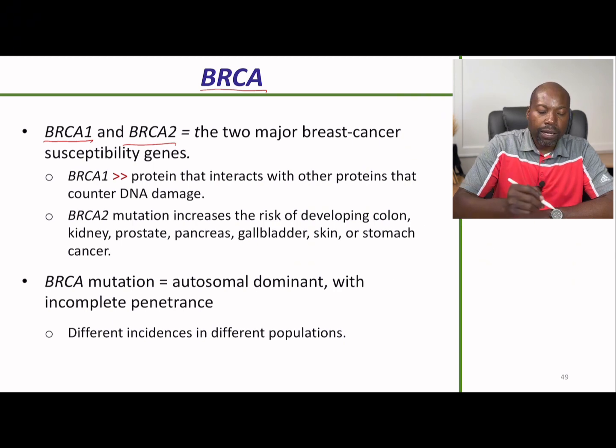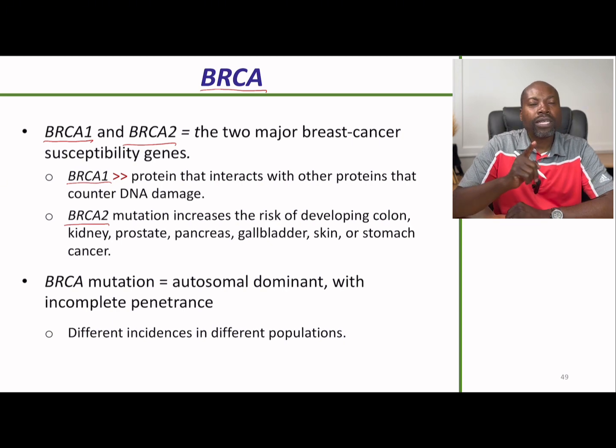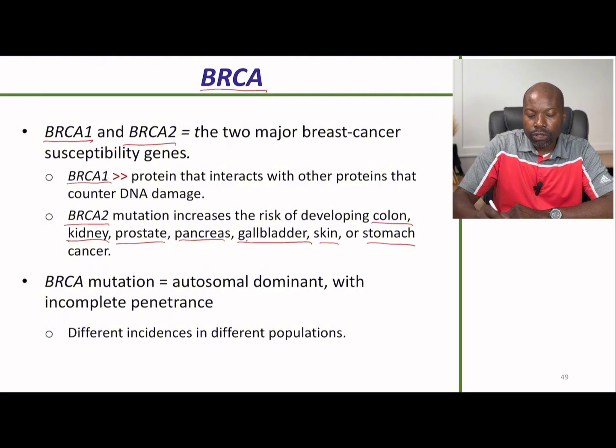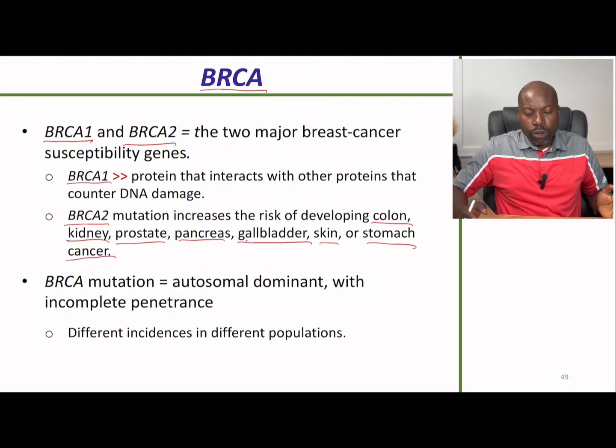So BRCA1 and BRCA2 are not associated with breast cancer only, they have been associated with many other cancers, including colon cancer, in the case of BRCA2, kidney cancer, prostate cancer, pancreatic cancer, gallbladder cancer, skin cancer, stomach cancer, and so on.